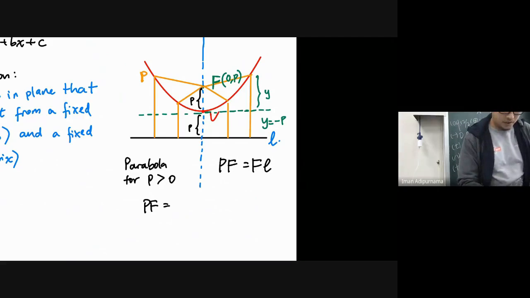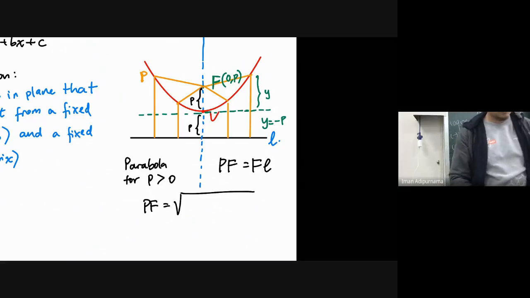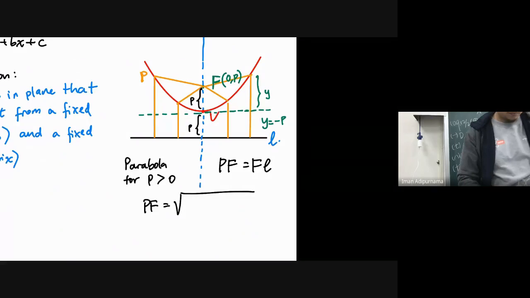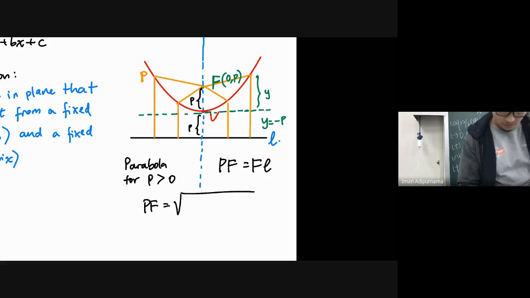So PF is, by the distance formula, the square root of x squared plus (y minus b) squared.